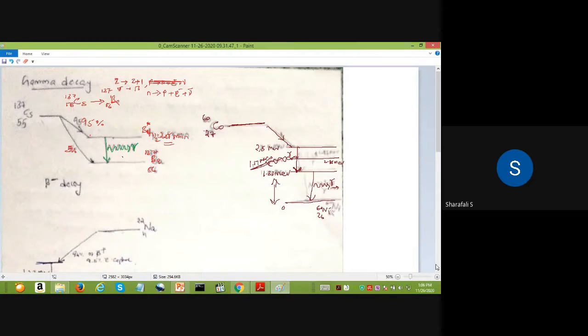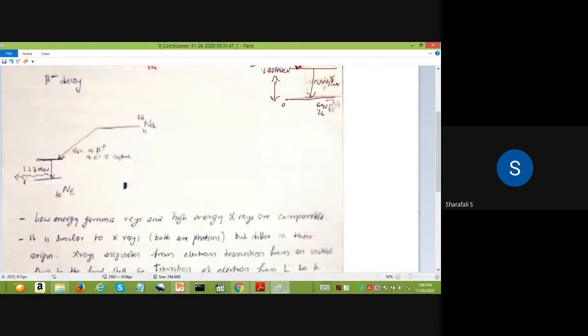If you consider one positive beta decay process like this, in that particular case, we have the sodium, Na-22 (atomic number 11), which is going through a beta positive decay and landing up in some excited state. So this is neon in excited state.